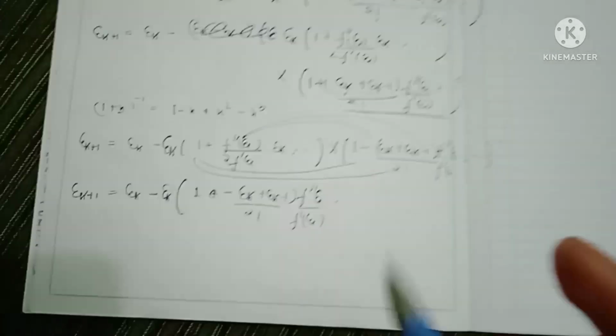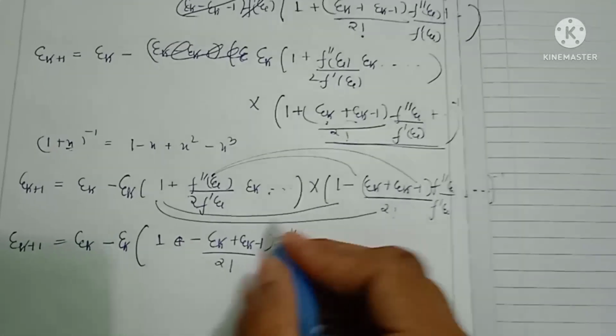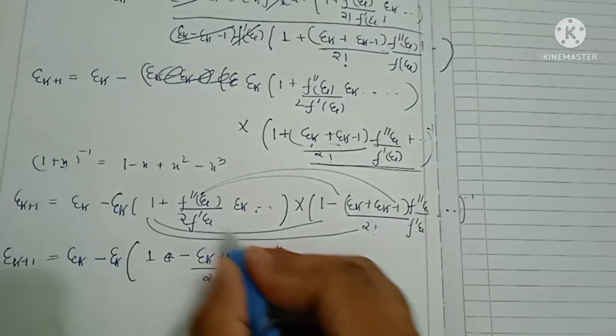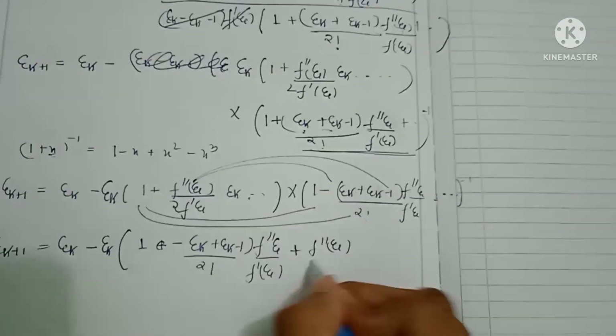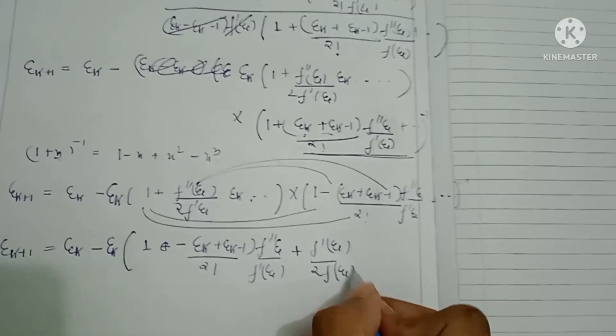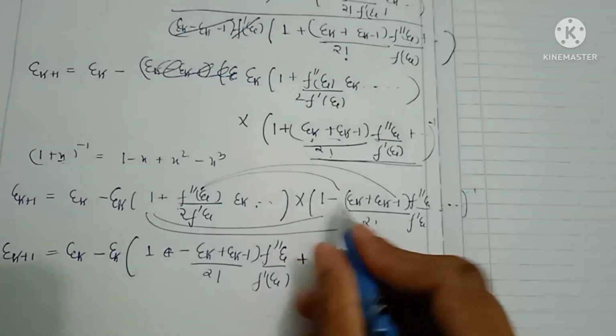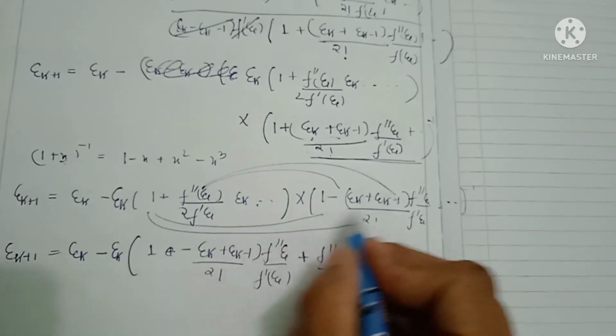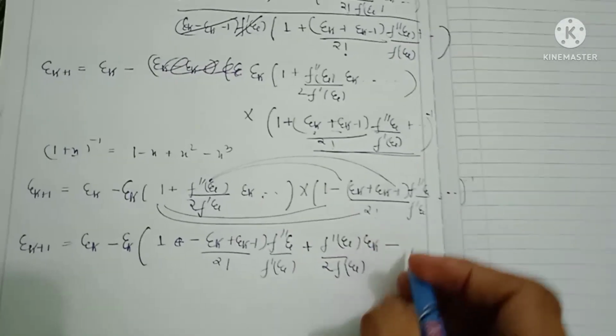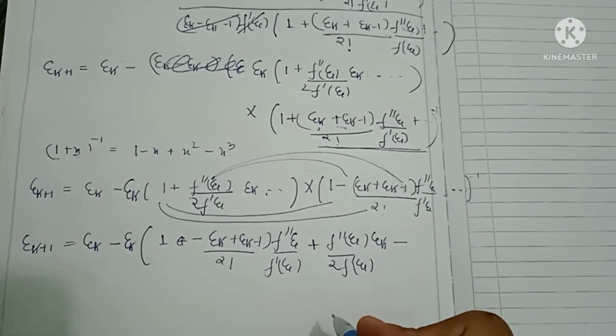It will be very negligible. So we will write this plus f dash epsilon upon 2 f dash epsilon epsilon_k, multiplied by this minus this multiplied by this, we would generally neglect it also, I suppose.